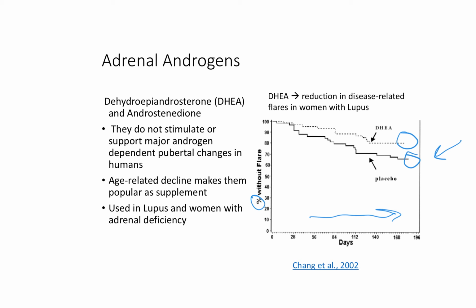So it does seem to have some utility in lupus. It also is part of a conversation about libido and the maintenance of libido in males and females, but we will talk about that in another lecture.